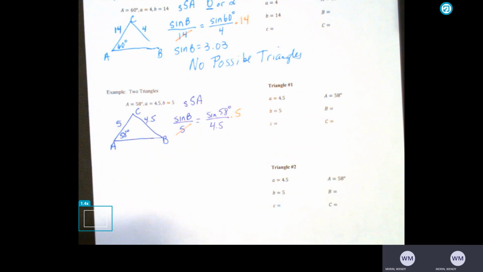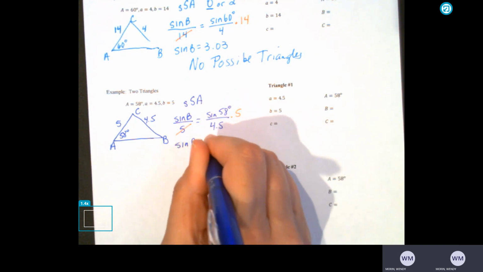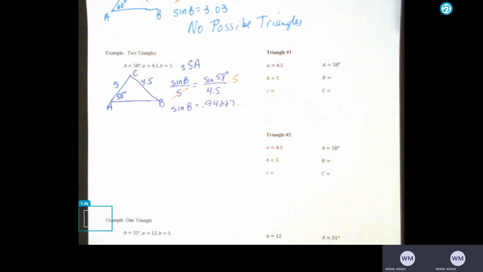And we can go ahead and try typing that into our calculator. Make sure you can do it correctly. Sine of 58 divided by 4.5. Again, using your fraction bar is probably the best. Multiply that by 5. And you end up getting the sine of B is 0.94227. Again, learn how to keep that in your calculator so we can be accurate.